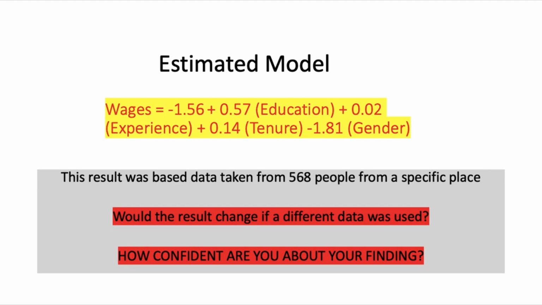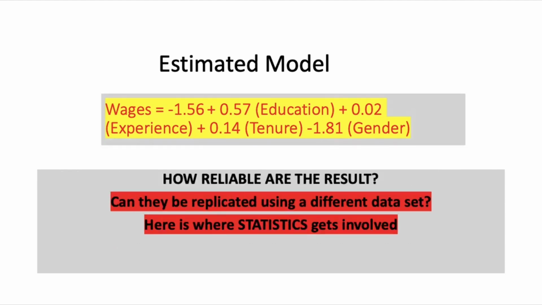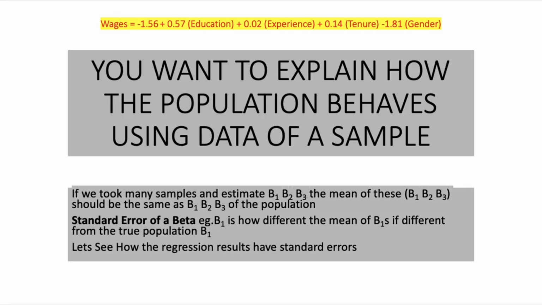That is why we need to go back into the statistics of things, because we're unsure about how reliable the results are if we were to use a different sample. Just to reiterate, we want to explain how the population behaves using data of a sample.